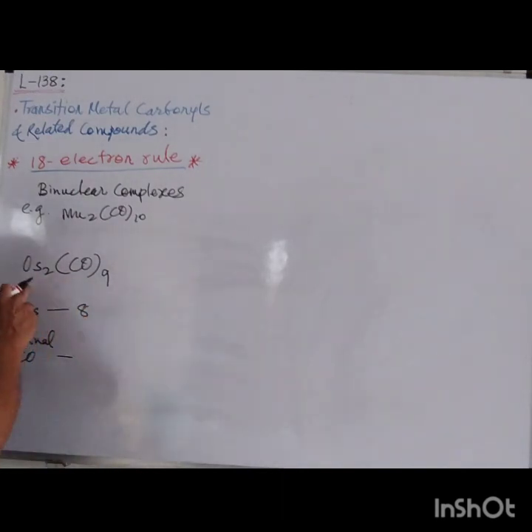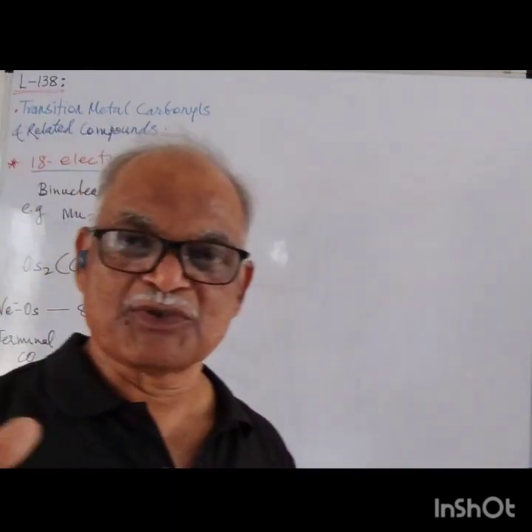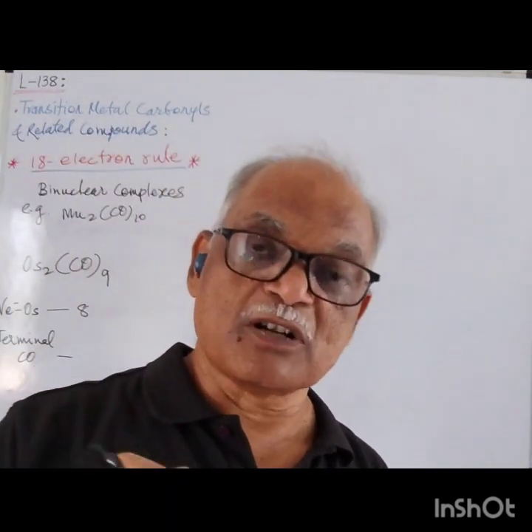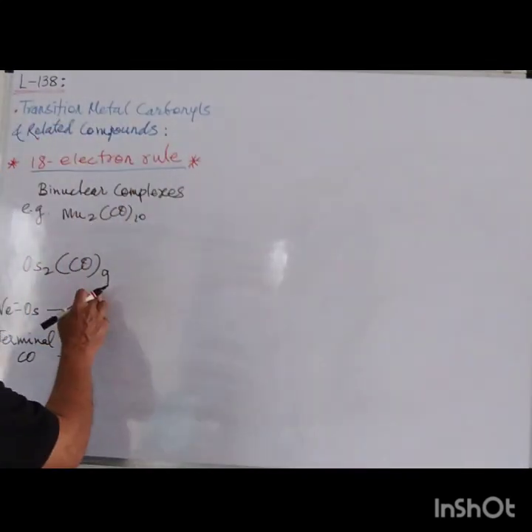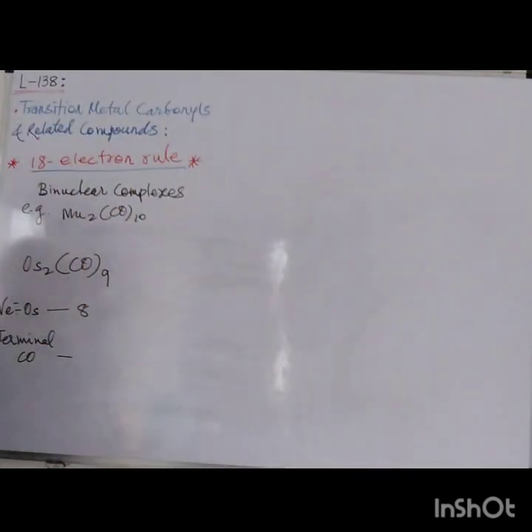So the two Os cannot contribute equally to the carbon monoxides available. So one of these 9 carbonyls is sharing here between 2 as bridging ligand. So terminal ligands are therefore 8 divided by 2 means 4.